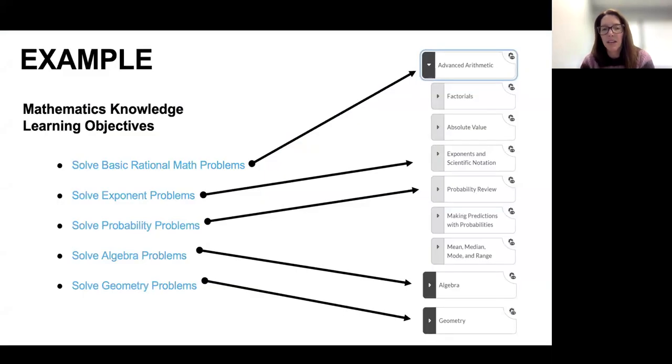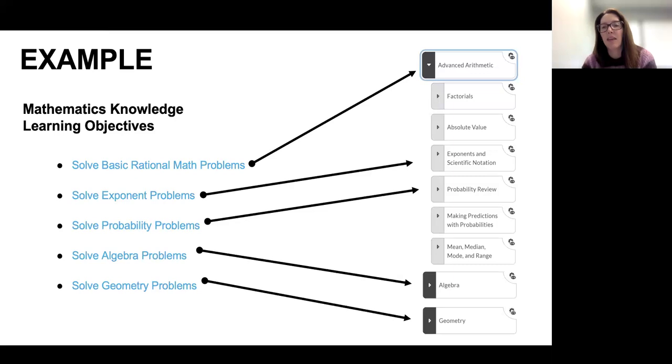Okay, and this just shows how we map learning objectives to particular lessons. So, for example, in mathematics knowledge, we have specific learning objectives that a user should be able to compute.